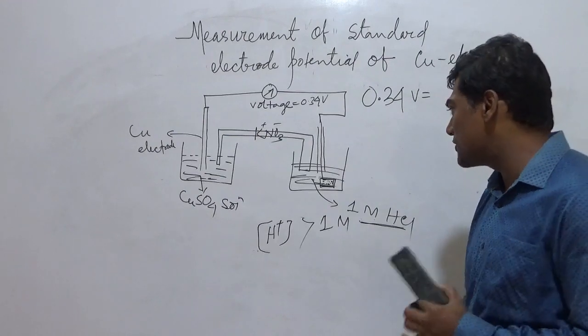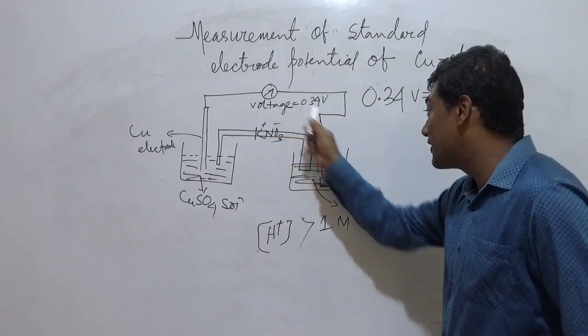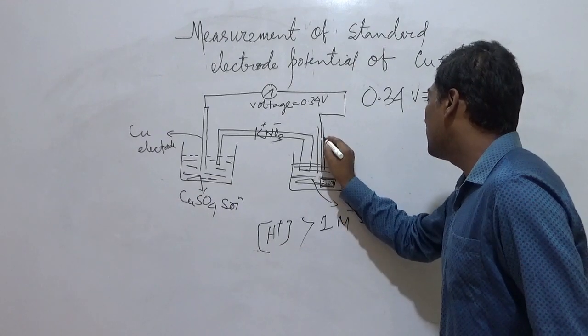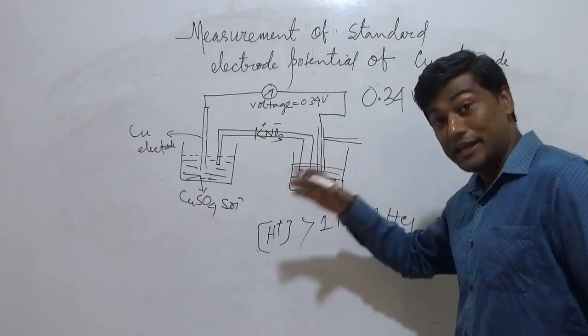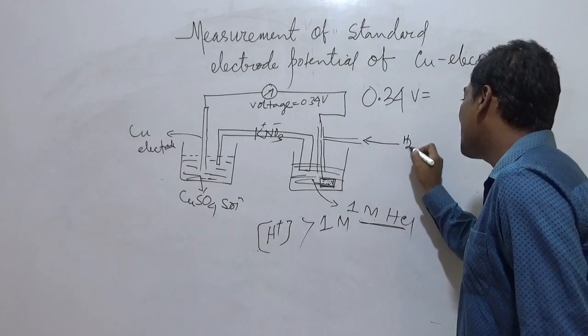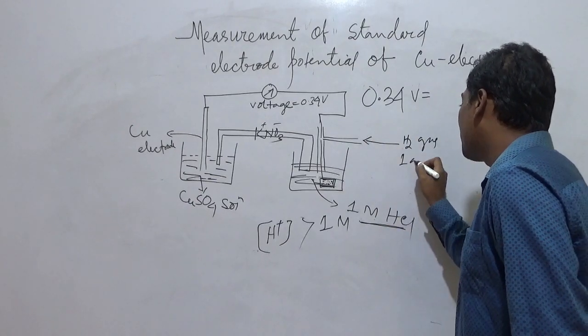How is it being produced? Because in SHE you are supplying hydrogen gas at 1 atm.